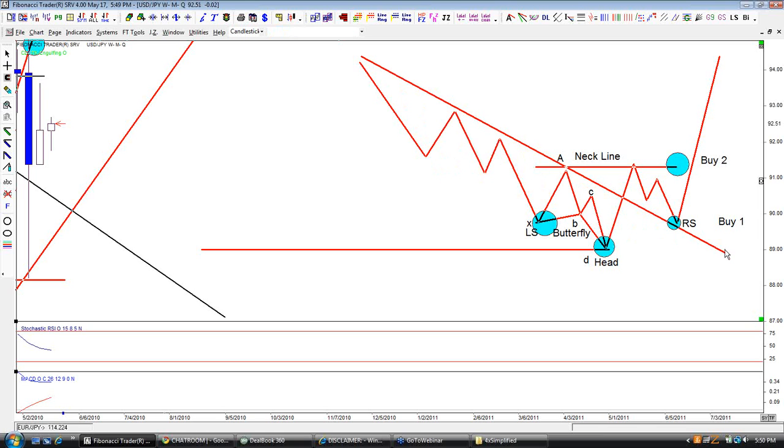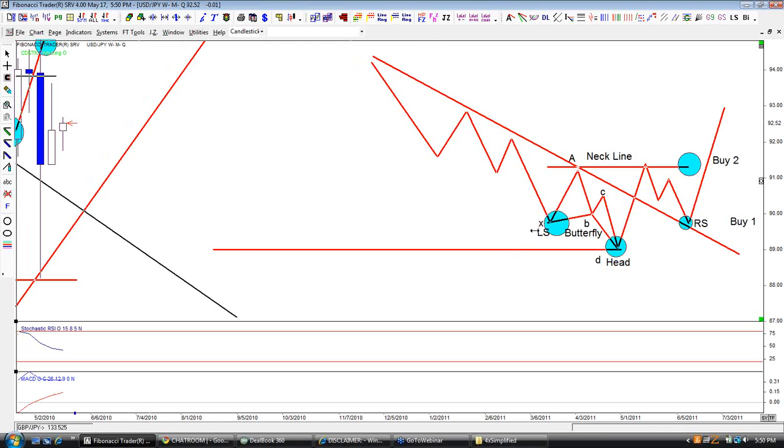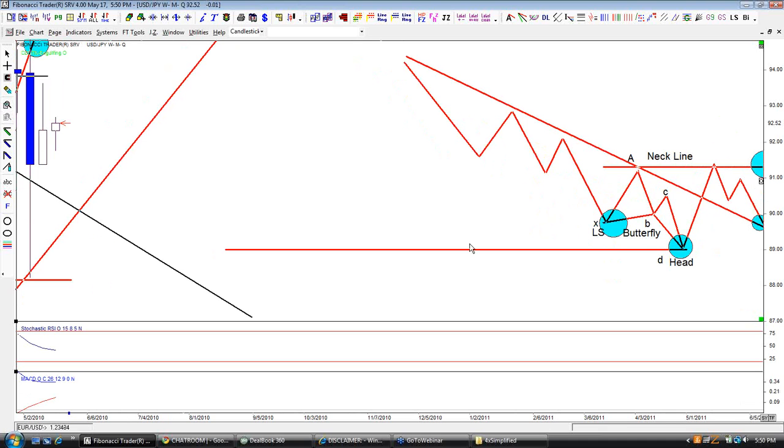Then price breaks the trend line, starts making higher highs and higher lows, and we can converge a bullish Gartley or a bat at the right shoulder. Sometimes we can see a bullish butterfly form at the head of the head and shoulders pattern.